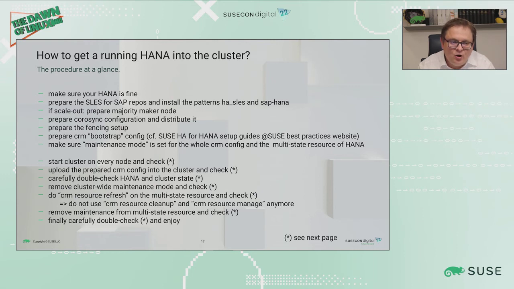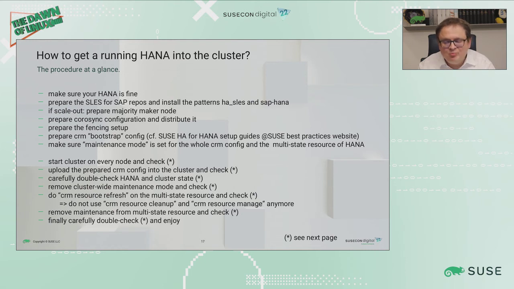If you want to transform a HANA scale out system with system replication into a system that is under SUSE HA cluster control, then you will also need to prepare a majority maker, the small node that makes the number of cluster nodes odd, and this node is needed for quorum purposes, and you will not get around preparing this node.